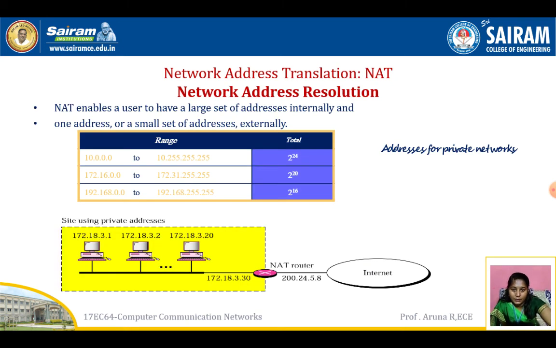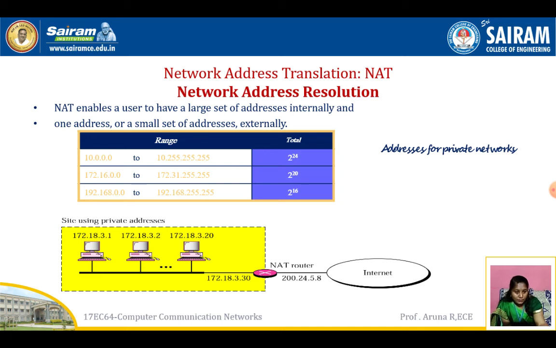Then you go to network address translation, NAT. NAT is also one of the important questions that is asked in university exams. NAT stands for network address translation. NAT enables a user to have a large set of addresses internally and one address or a small set of addresses externally. That is, we get one unique address from the outside world.